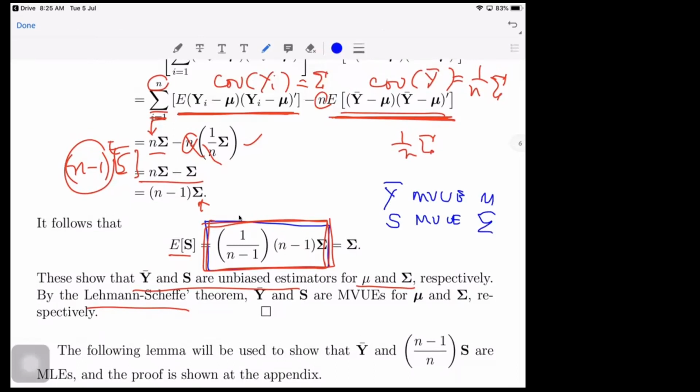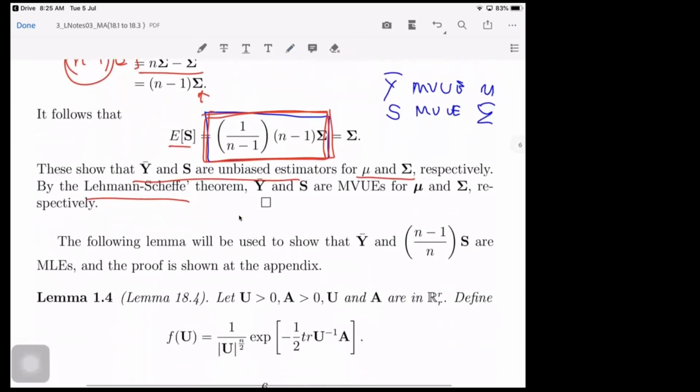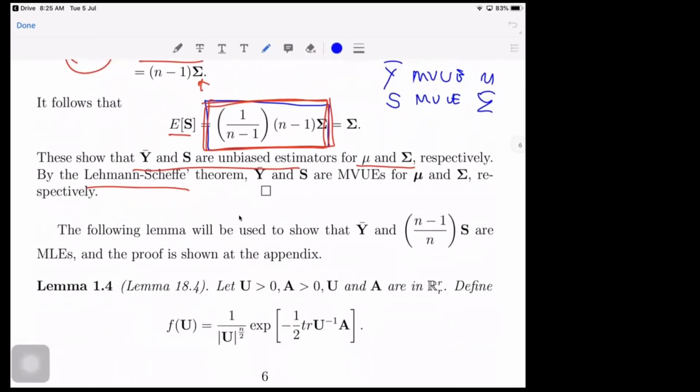So for the MLE, y bar is still an MLE for mu, but S will have something like this. It will be equal to n minus 1 over n times S for an MLE for sigma.